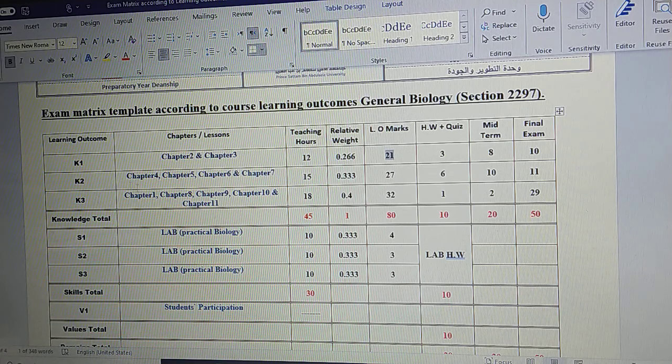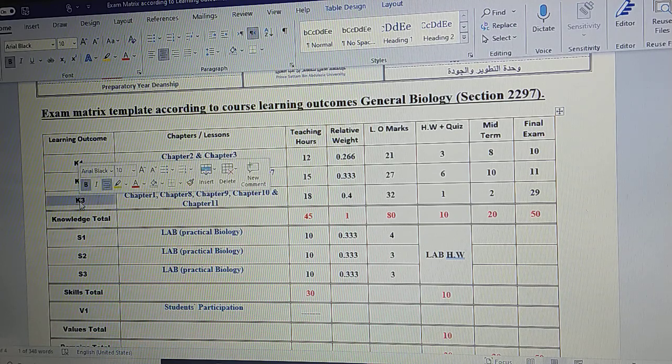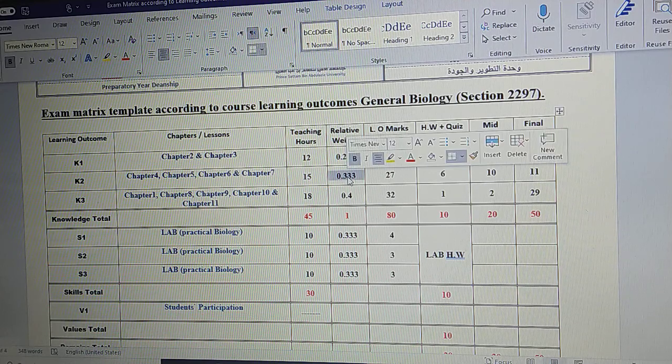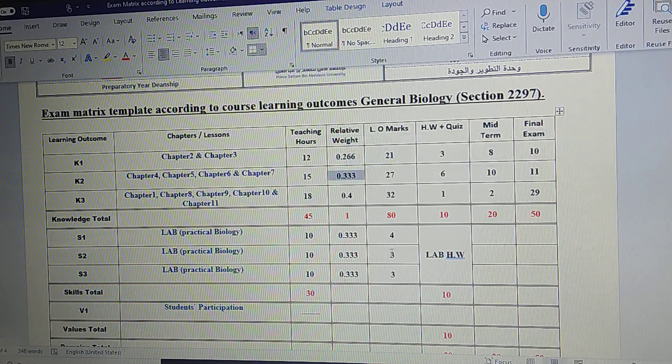This way, I will calculate the marks of the K2 learning outcome and the K3 learning outcome. Here for K2, 15, it will be the relative weight 0.33 times 80.